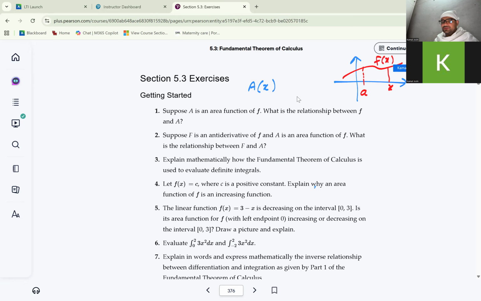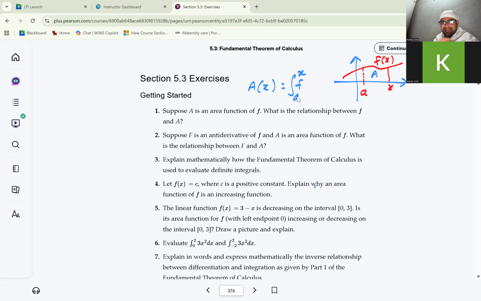So the meaning of the area function is: the area function gives the area from point a up to the variable point x under the graph of that function f of x. So the area is the integral from a to x of that function f of x.